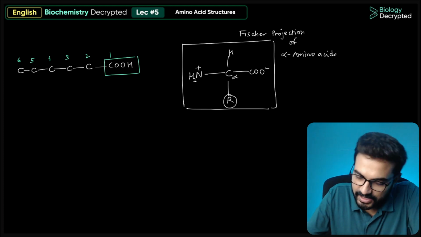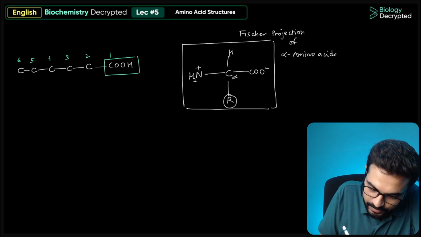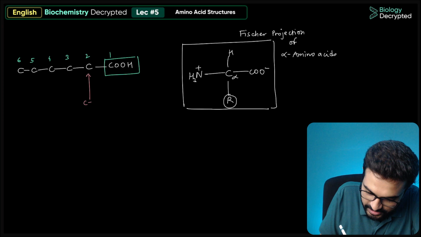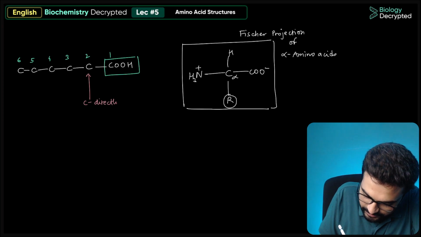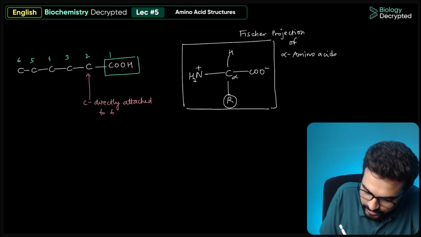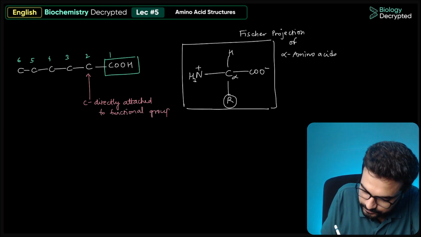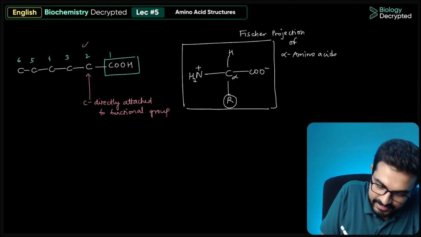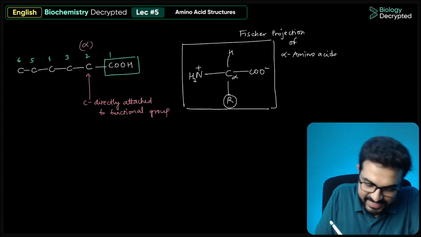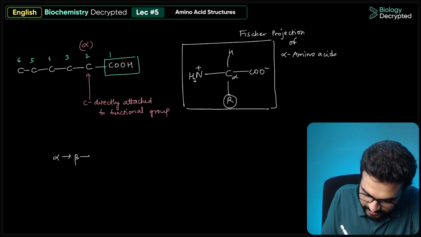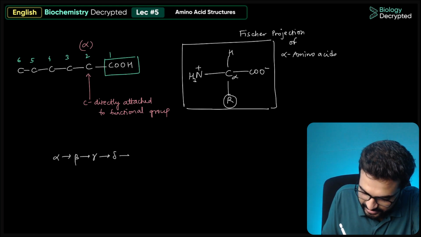The carbon directly attached to the functional group will be called the alpha carbon. Next, with Greek alphabets, it's alpha, beta, gamma, delta, epsilon, and so on.